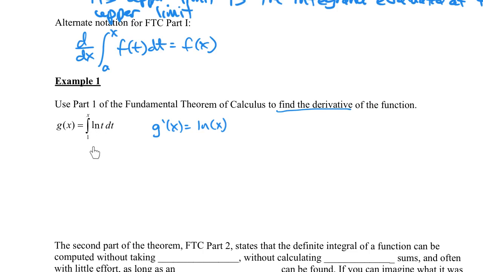If for instance we had a problem where x is down here and 1 is up here, well, if you remember, we had that theorem that said the integral from a to b of f of x dx is the opposite of the integral from b to a of f of x dx. We saw this mentioned in a previous section. So if this had said x to 1, we would just switch them around and put a negative in front, and then we could use this theorem.